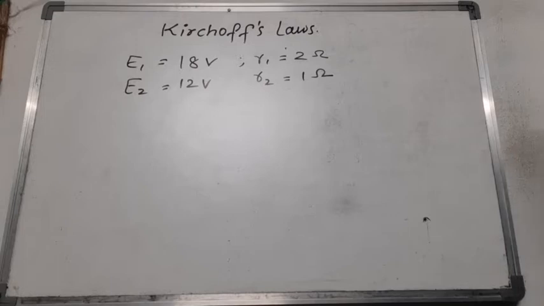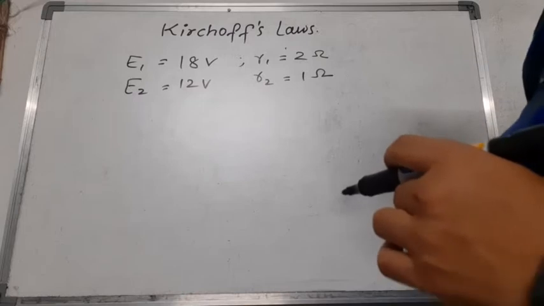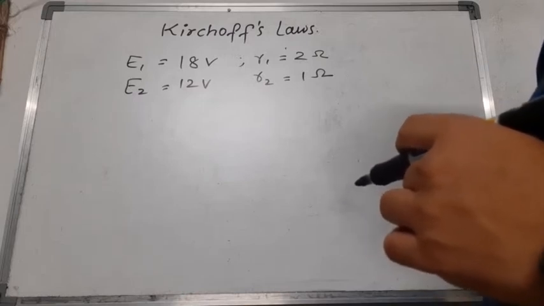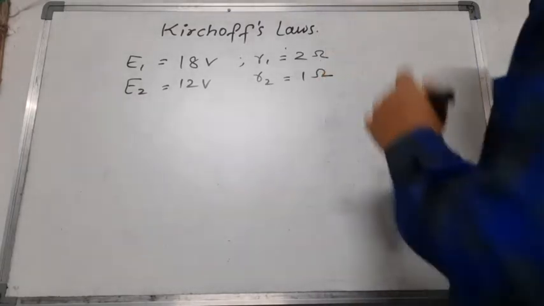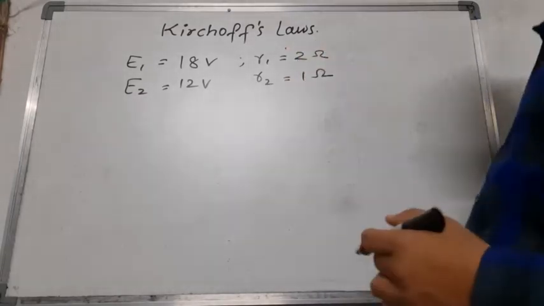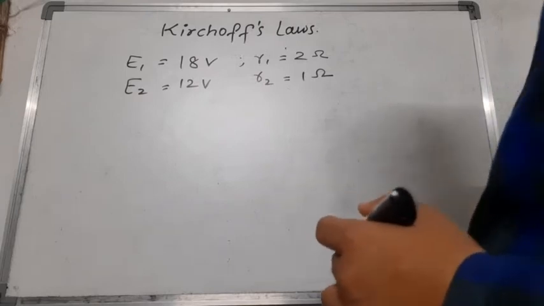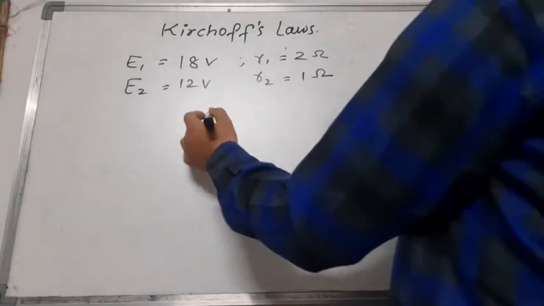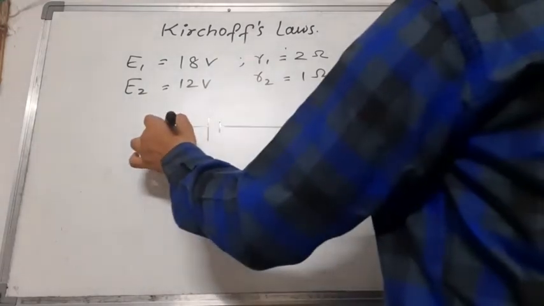Now what we are going to find: he is asking to find the potential drop across 2 ohms. Across 2 ohms, how much potential drop is there? That means there are two batteries like this.